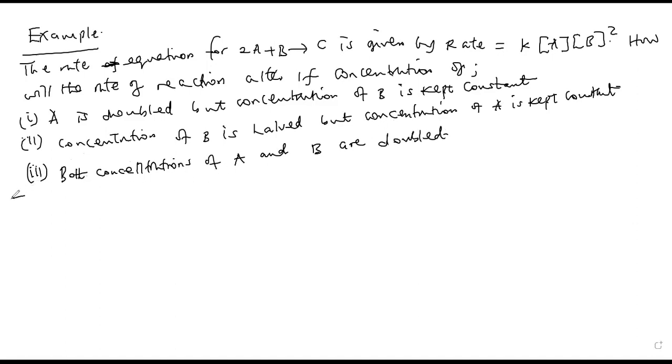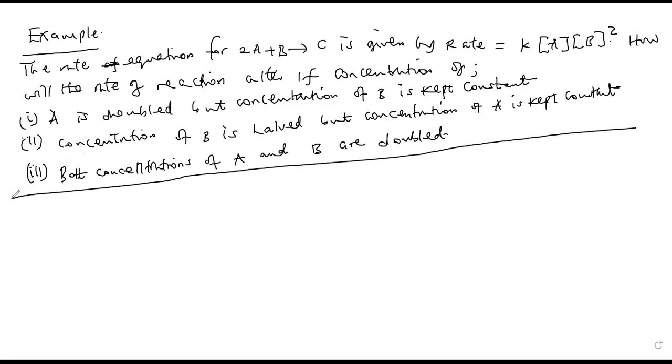So, we want to see the effect of altering the concentration. So we are given the equation 2A plus B going to C, and we are given the rate equation as this. They want us to tell if we double A and keep B constant, what happens?